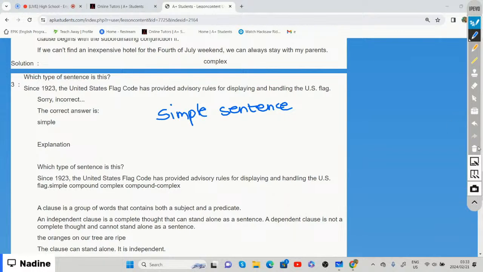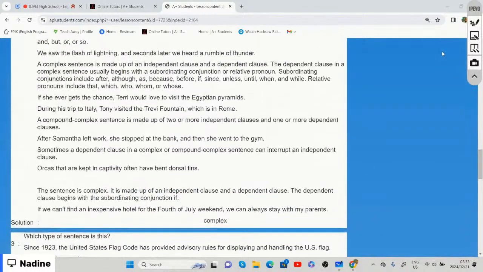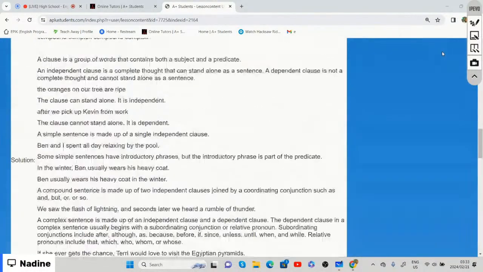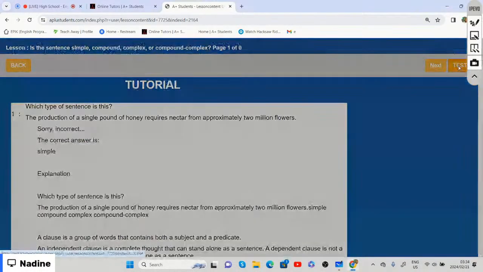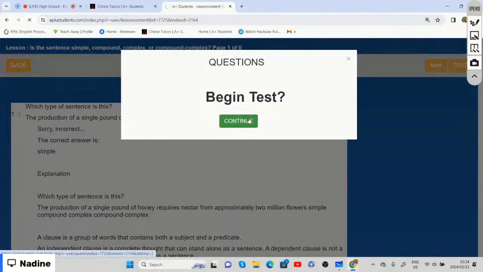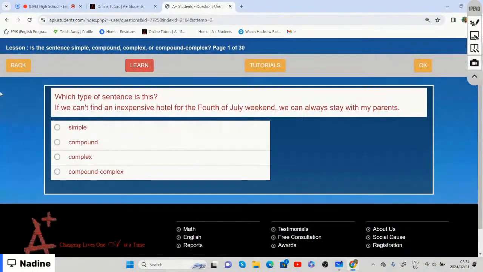All right, let's go to our test. So we're beginning the test. Which type of sentence is this? If we can't find an inexpensive hotel for the 4th of July weekend, we can always stay with my parents.